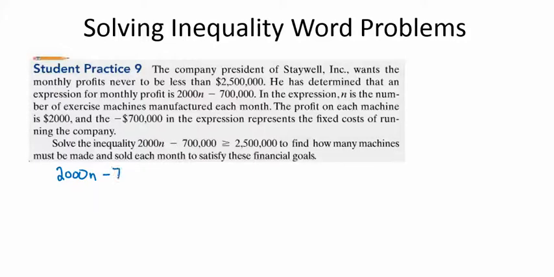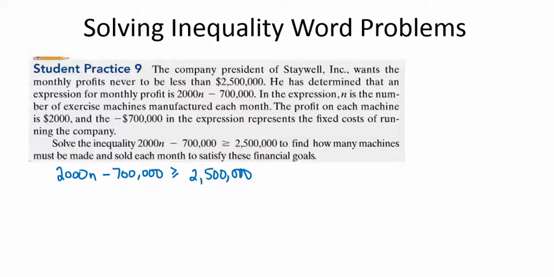However, there is a fixed operating cost of $700,000 that has to be subtracted from that profit to get a final profit that must be greater than or equal to $2,500,000.